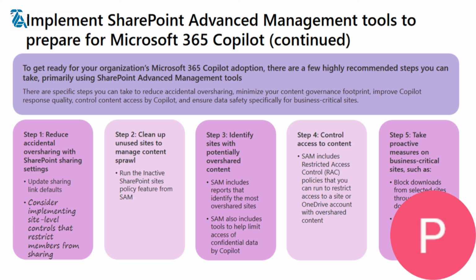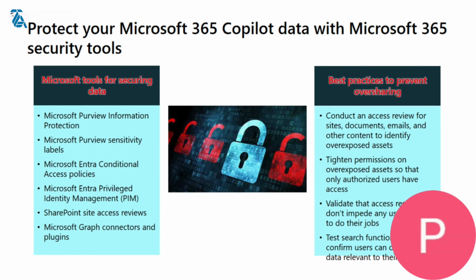The other thing it includes is RAC, the restricted access control, with which you can give restricted access to a specific site or any OneDrive account, right? And the last one is to take proactive measures on business critical sites. If you have any sites with highly confidential data, they are called business critical sites, and those need to be secured as well.